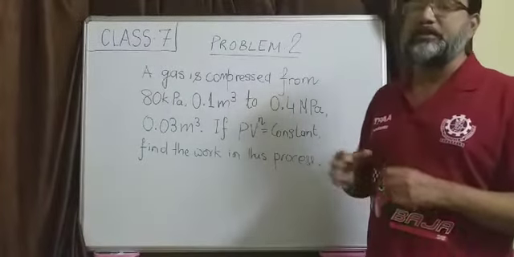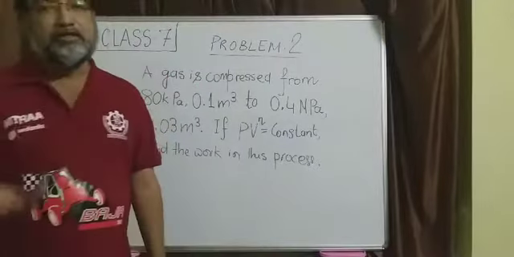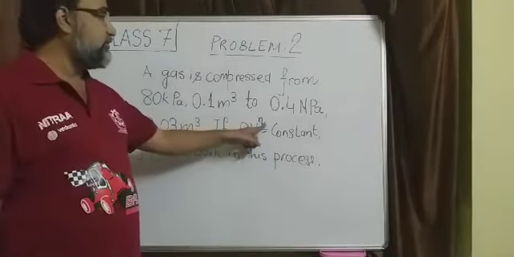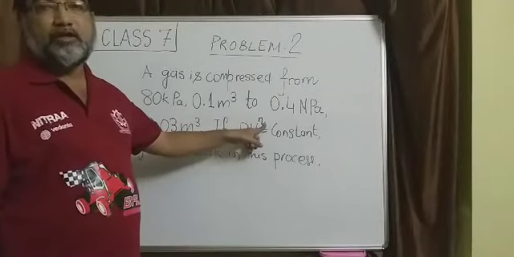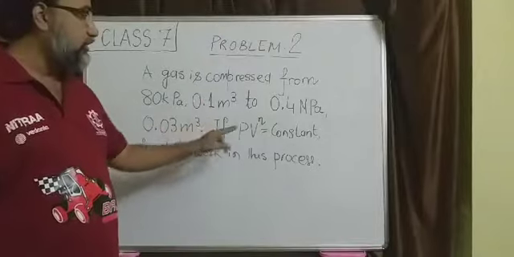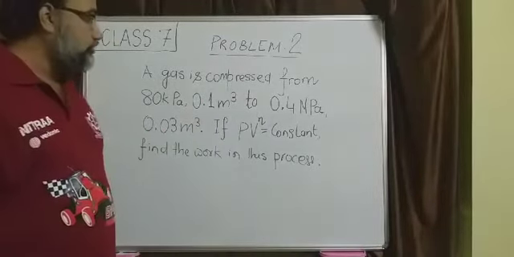What kind of process is it? Is it an adiabatic process? No, because this index is not gamma. Is it an isothermal process? No. This is a polytropic process because it is Pv to the power n is equal to constant.